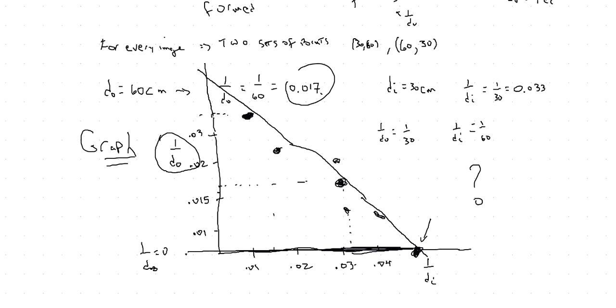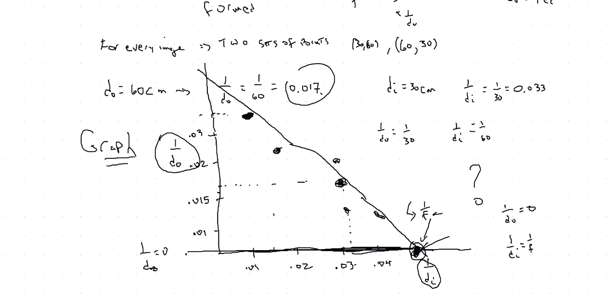Well, if 1 over do is 0, remember, that means that 1 over di has to equal 1 over f. So this value here where it hits the axis, 1 over di, also has to be 1 over f. So we just got a measurement, or a calculation, of the focal length. If we can read this point off the graph, then we have the focal length.